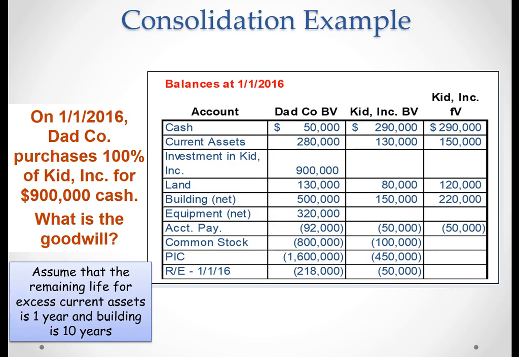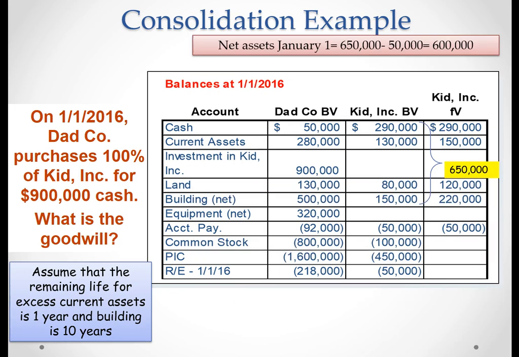We're going to look at 1/1/2016, Dan purchased 100% of KID for $900,000. What is the goodwill? And we're going to assume that the remaining life for excess current assets is 1 year and buildings is 10 years. First thing we need to figure out is what is our net assets or net book value for the sub.